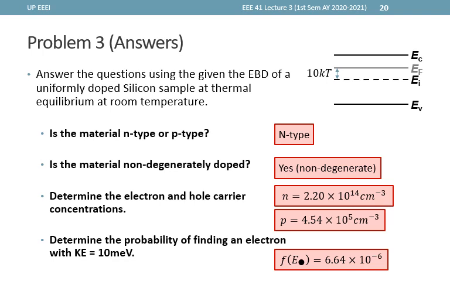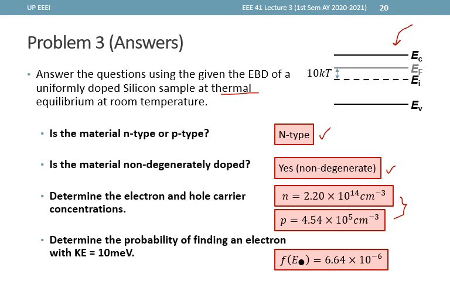So to summarize, we have answered the question. Given this EBD, we can determine that it is N-type, and that it is non-degenerate. We can also compute N and P since we know that the material is in thermal equilibrium and non-degenerate, so we can use the equations presented.